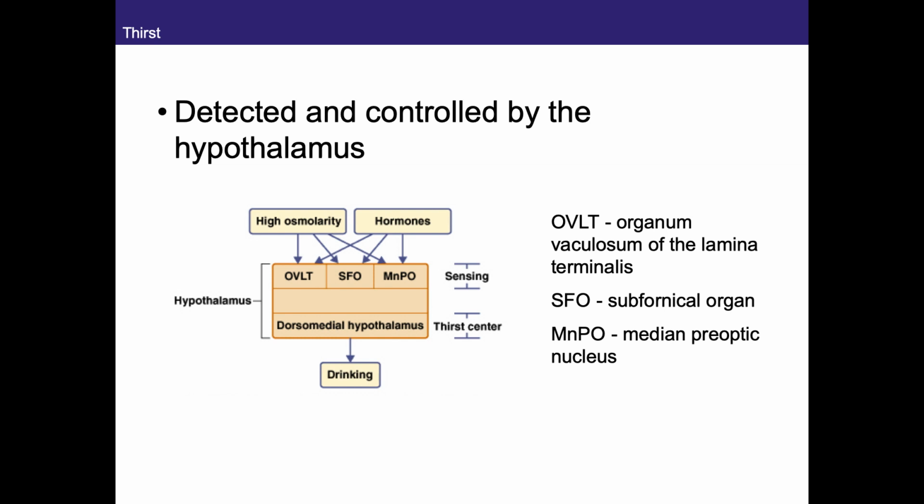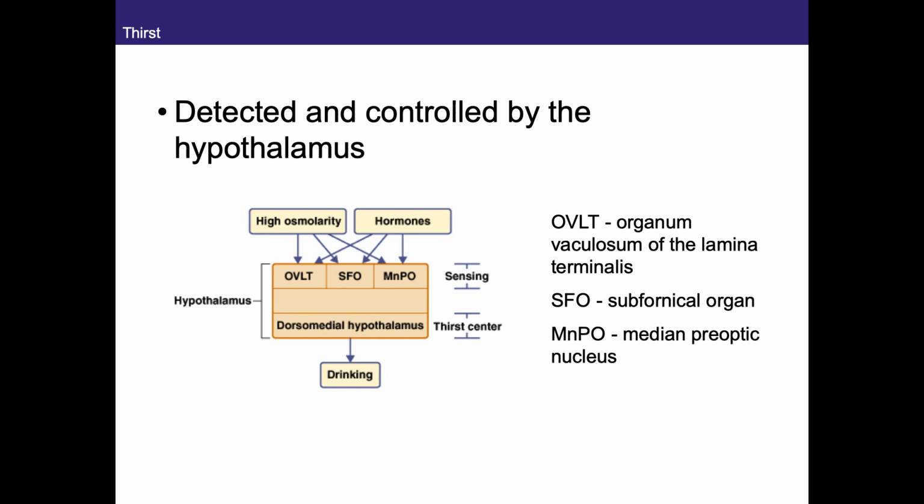It's going to send a signal. The details aren't important, okay? Knowing that this is in the hypothalamus is important, but you don't have to memorize organum vasculosum of the lamina terminalis, subcortical organ. Don't memorize that. Know that there's an osmoreceptor in the hypothalamus, and it is going to promote a profound drinking behavior.